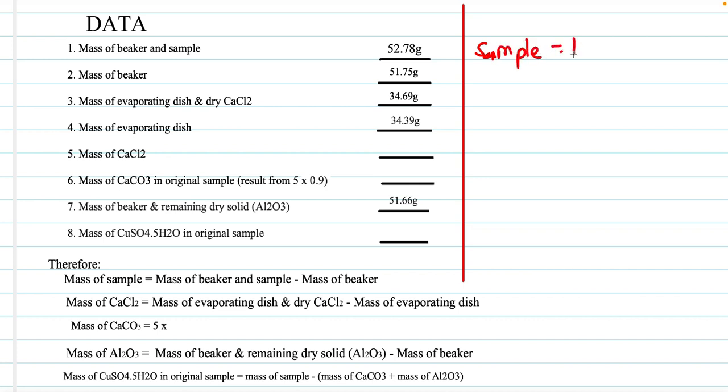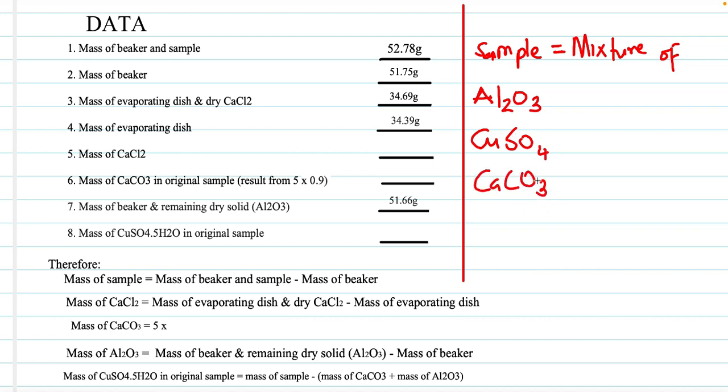The sample is the mixture of these three components: Al2O3, CuSO4, and calcium carbonate. Let me quickly run through these three compounds based on what they stated in the manual. This makes up the sample. So anytime I say sample, I'm referring to these three combined together.